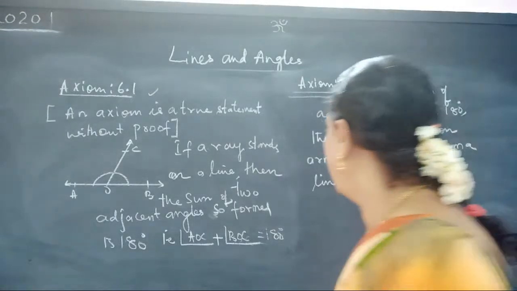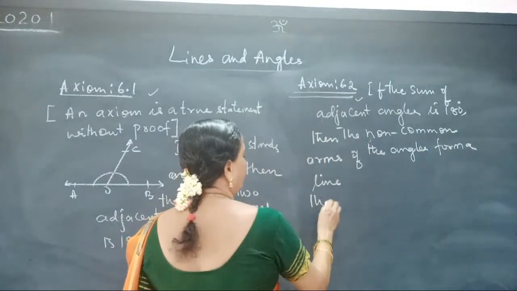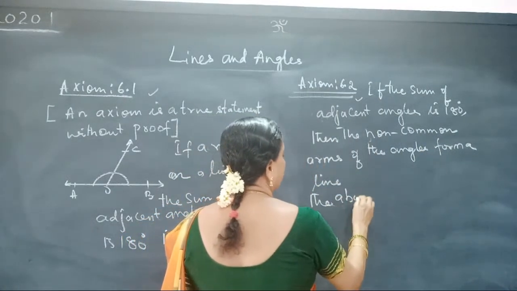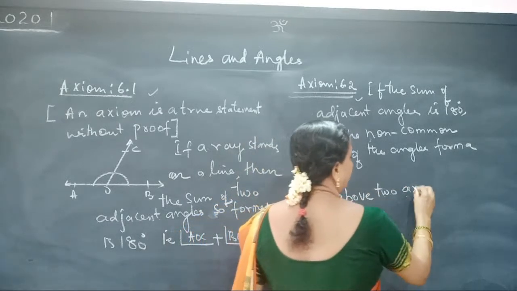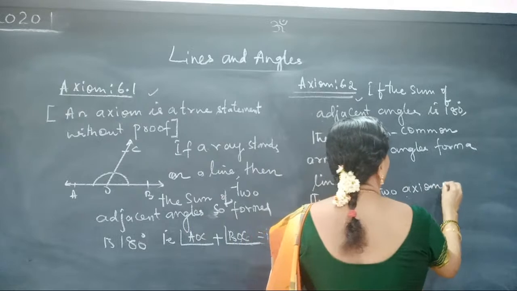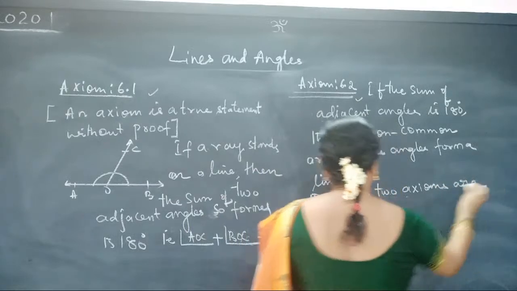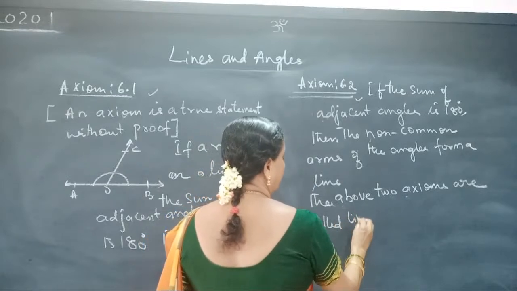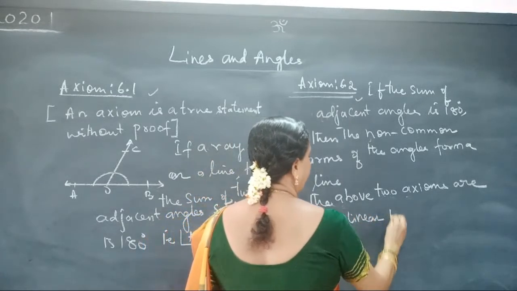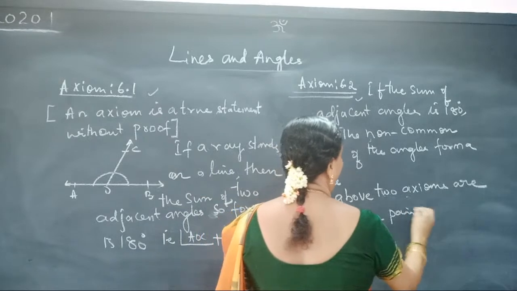After that, you write: the above two axioms are called linear pair axioms.